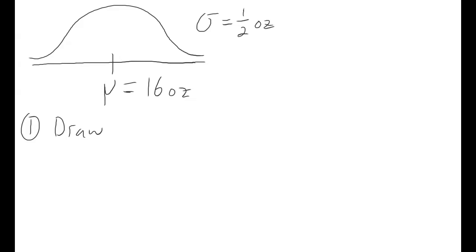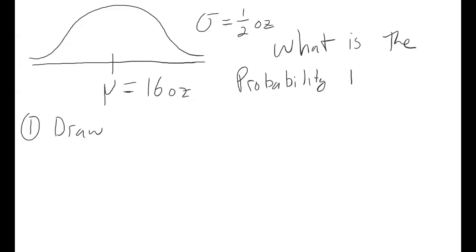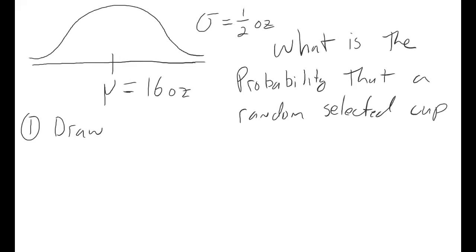So what is the probability that a randomly selected cup has at most 15.75 ounces?